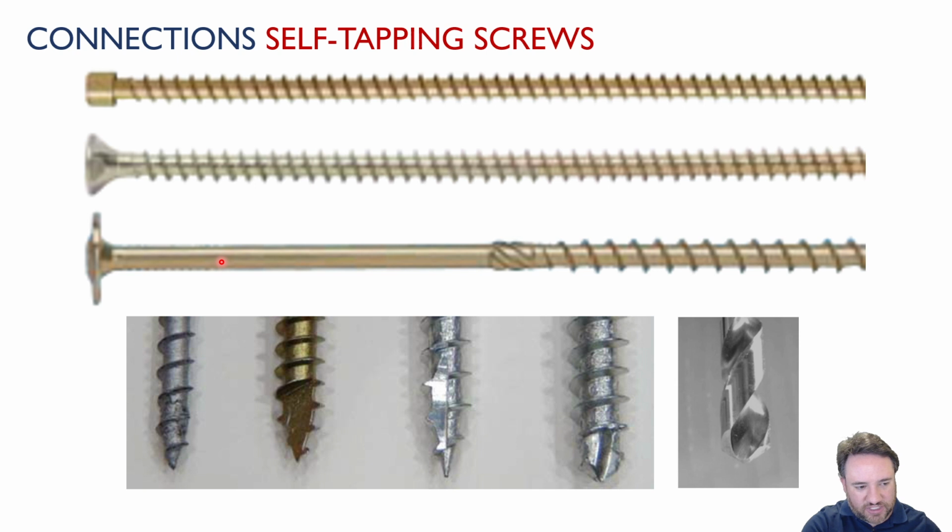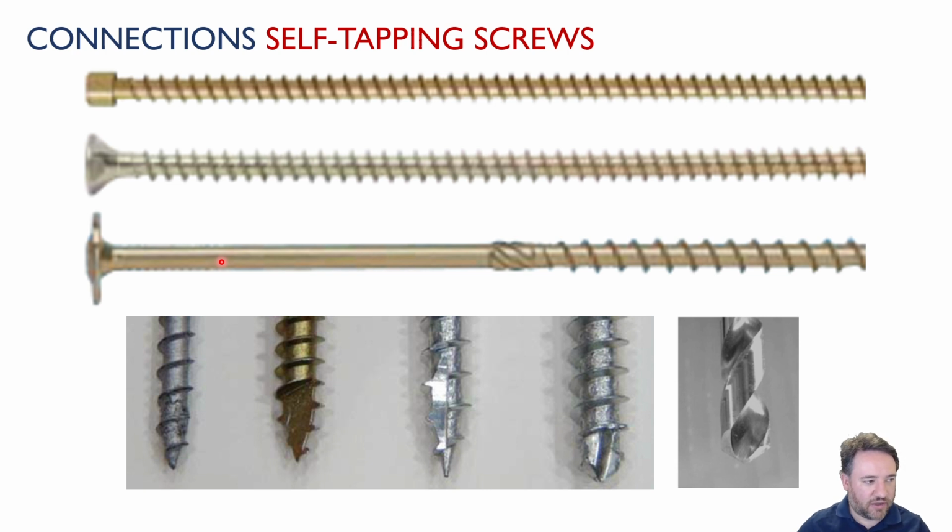Okay, so timber rivet's kind of like a high performance connector developed quite a long time ago. Something that is really in vogue now is called self-tapping screws. They're basically screws, but they're really long. The self-tapping part is that they basically have to drill their own hole as the screw goes in.